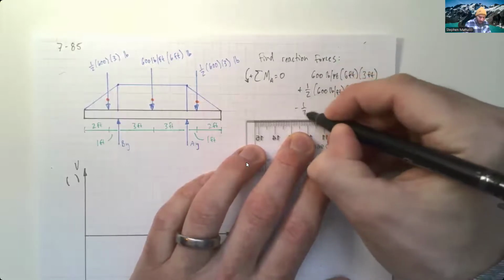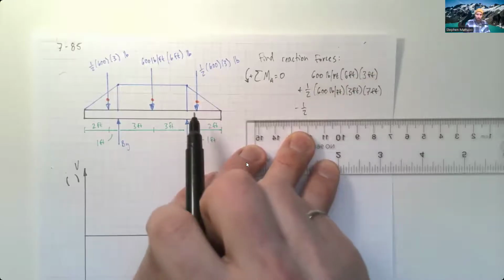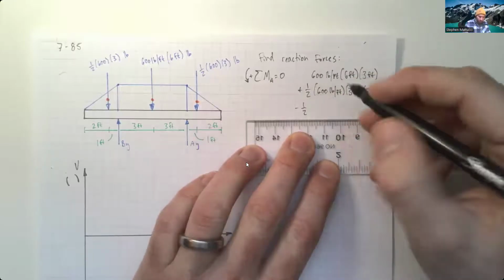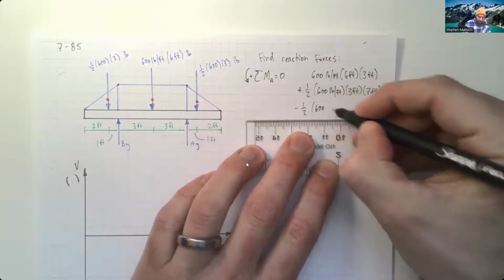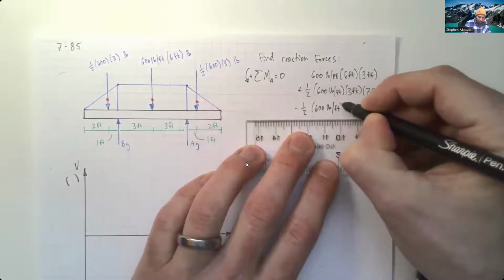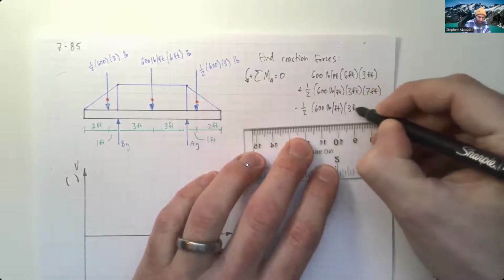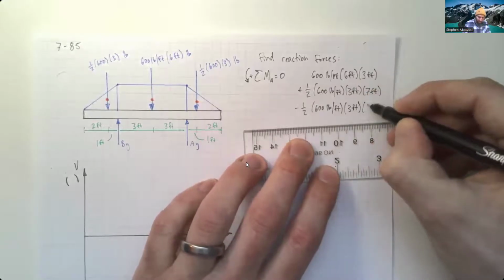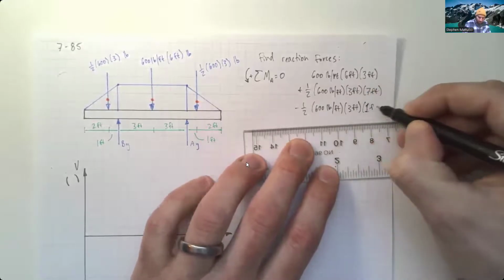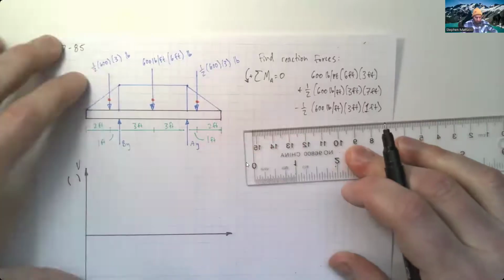Now we're going to take away the moment from the triangle on the other side. So minus 1/2, 600 pounds per foot times 3 feet. And this is only 1 foot away.